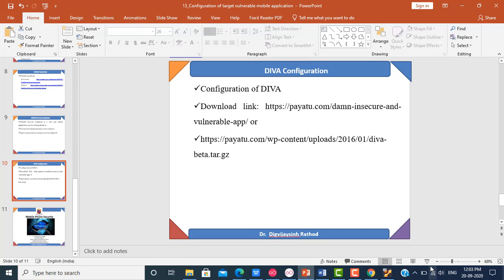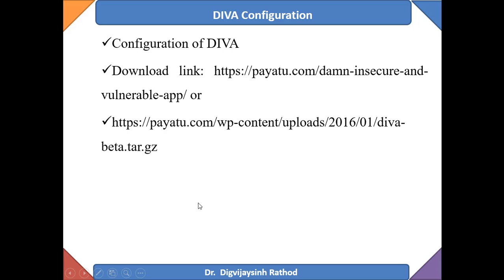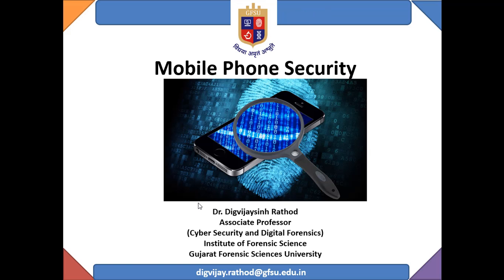So in this session, I have discussed one important point: how to set up your lab. For that you need the Santoku operating system and the Genymotion Android emulator where you can deploy any application, and I also discussed how to install applications from Santoku to Genymotion.